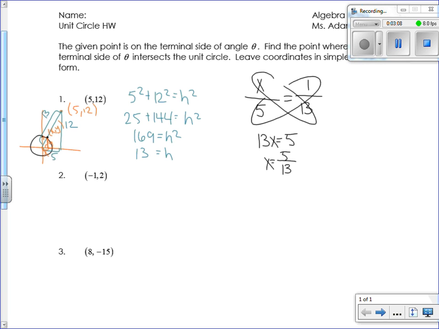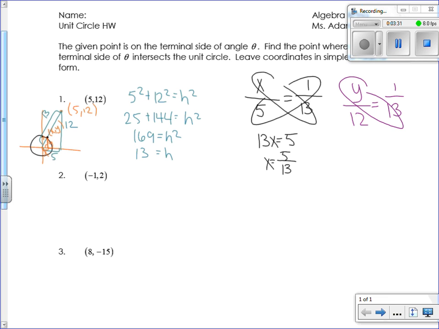So that's the x value of this point right here. Now I can do the same thing and find my y. I'm going to set up this proportion. In my baby triangle, my height is y. In my big triangle, my height is 12. Then again, setting it equal to a proportion that we do know, I'm just going to use 1/13 again.